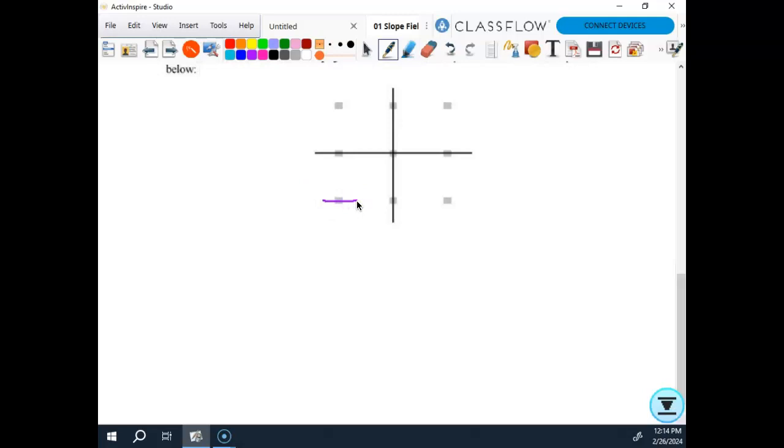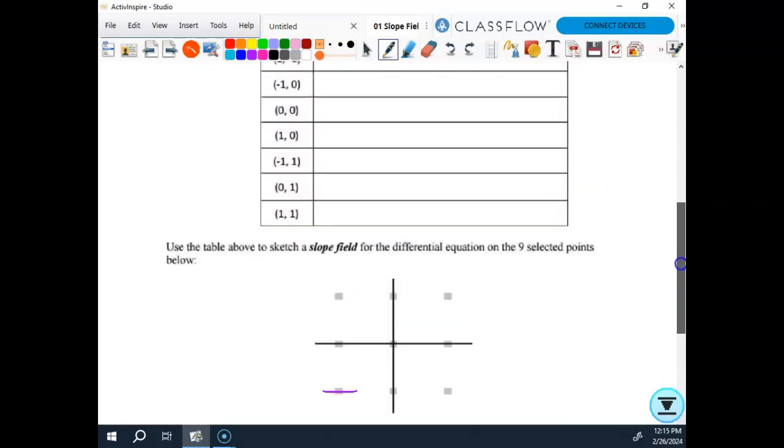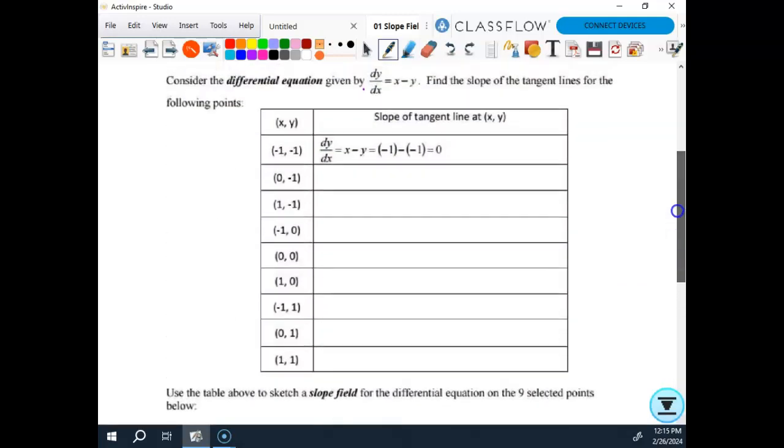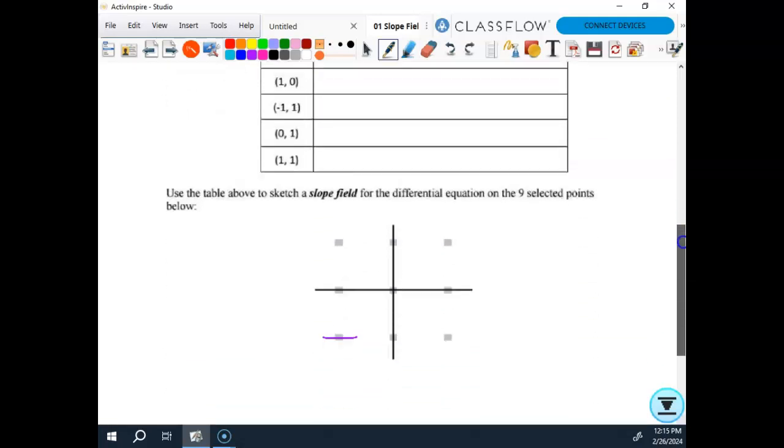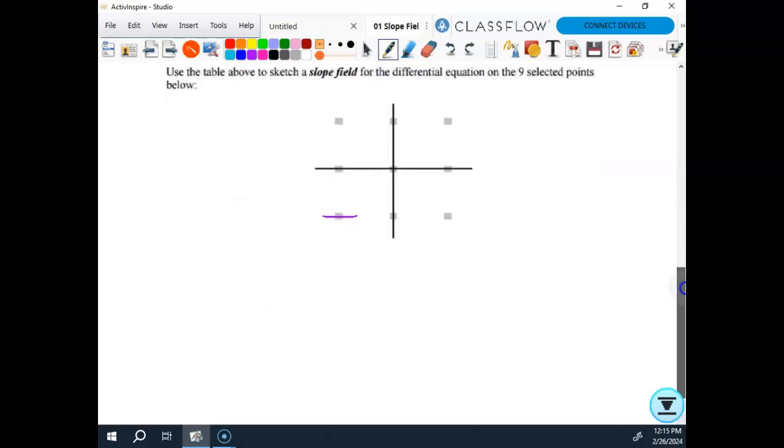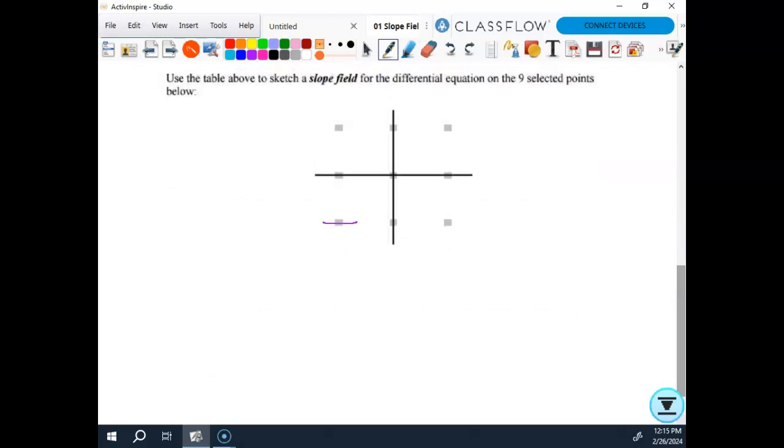Then I'm going to go back up here and, using this equation and the point (0, -1), we're going to do dy/dx, which is equal to x minus y, which gives me a positive 1. So I'm going to go to (0, -1), and when you do this, nobody's getting out a ruler and a protractor and trying to make sure your angle is exact.